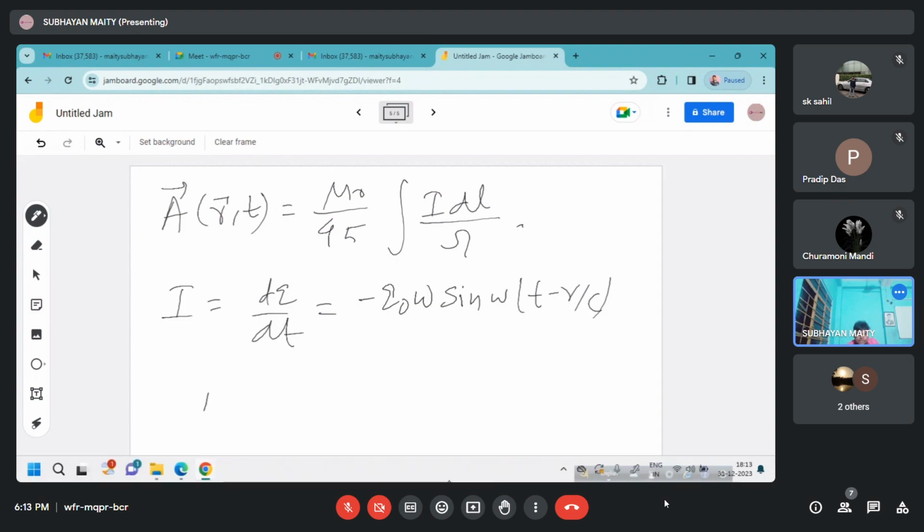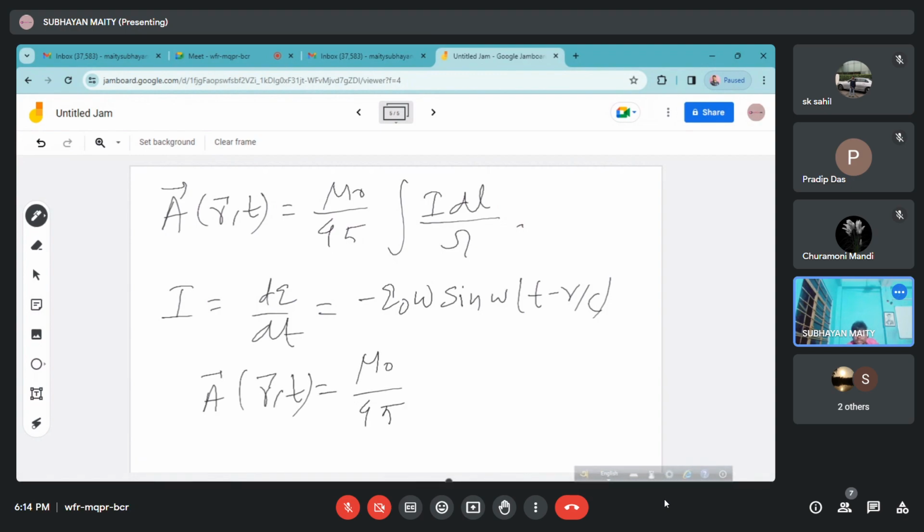So A(r,t) is equal to mu naught by 4 pi, q into d, that means p naught, minus p naught omega sin omega t minus r by c, times 1 by r.